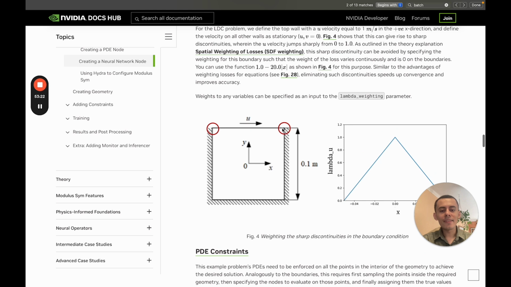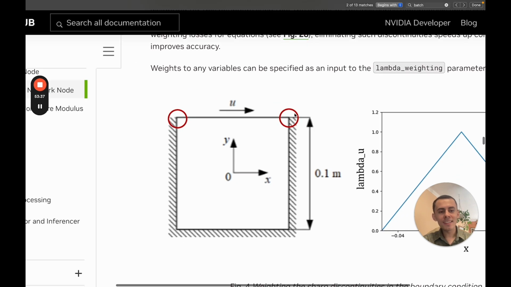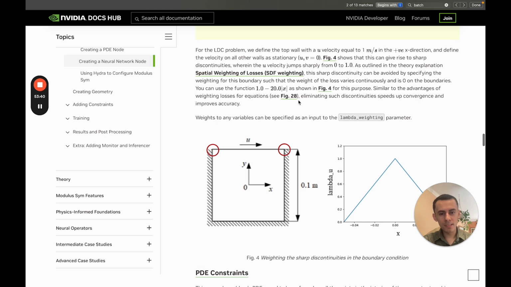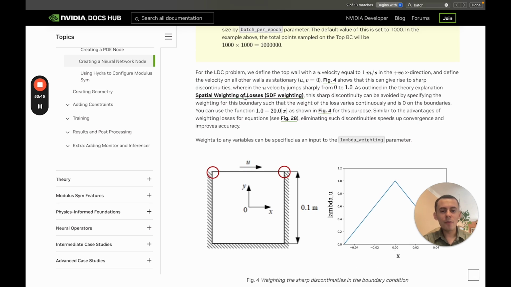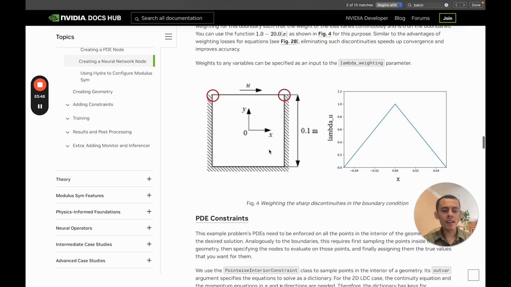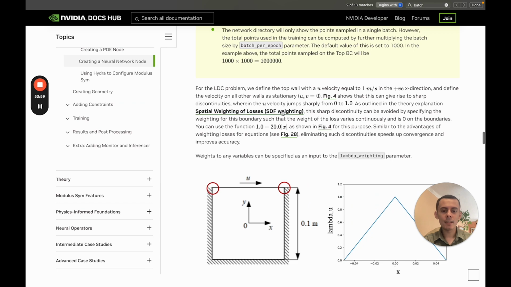Having 1 at the corner and then 0 right below the corner, again for the horizontal component of the velocity, creates a sharp discontinuity, which is a problem in simulations and numerical methods. So this kind of weighting just makes sure that as you approach the boundary, things get to be 0 there, to avoid sharp discontinuities. That's the concept. They have a link here.